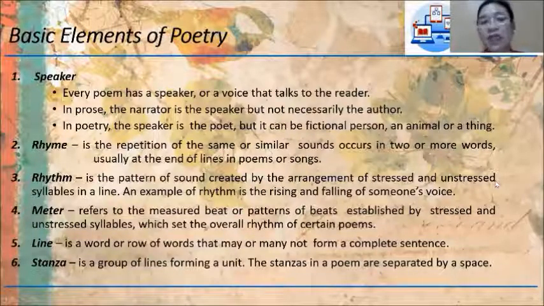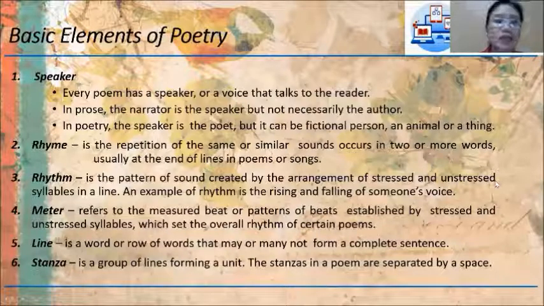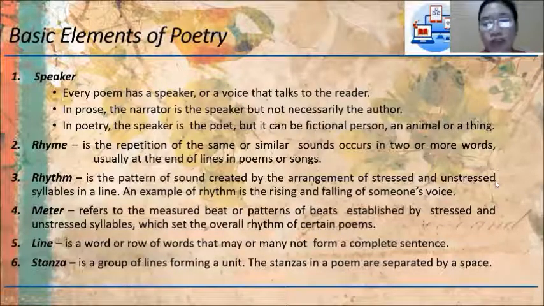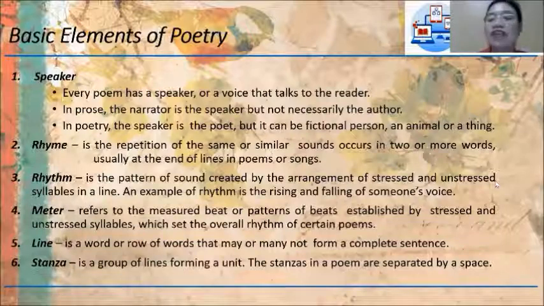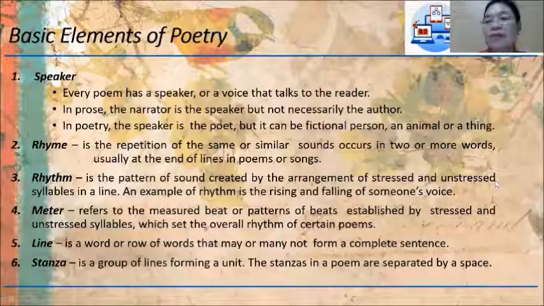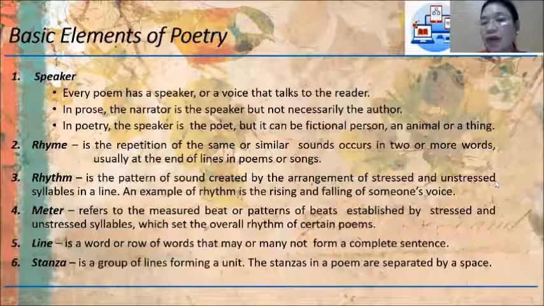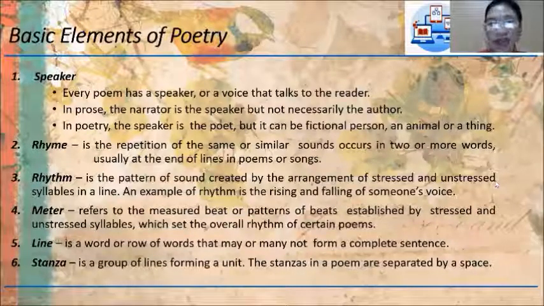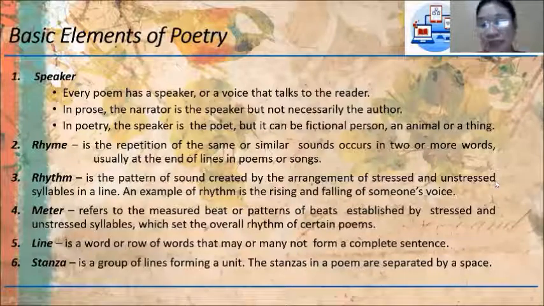There should be a speaker. Now, every poem has a speaker or a voice that talks to the reader. Now, in prose, the narrator is the speaker, but not necessarily the author. In poetry, the speaker is the poet, but it can be a fictional person, animal, or a thing. Okay, so that is the first element.